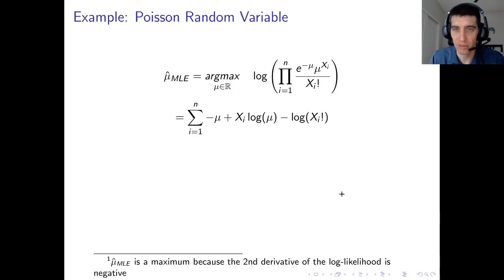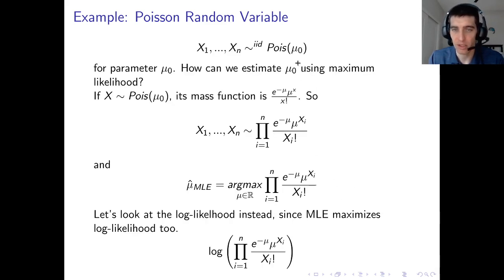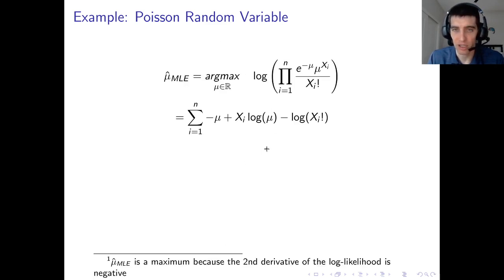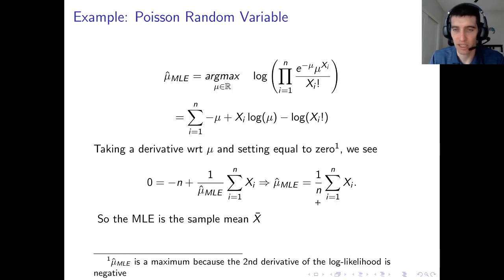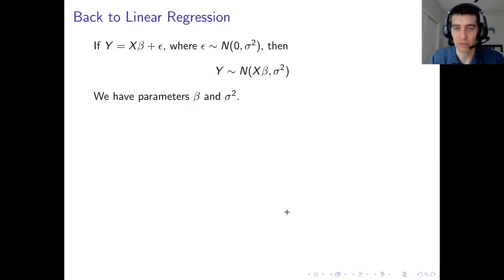If you want to estimate this Poisson mean just given data, you would set up this log likelihood, and if you maximize it, you can show that the sample mean is the maximum likelihood estimator. Okay, so let's go back to linear regression, having talked about maximum likelihood generally.